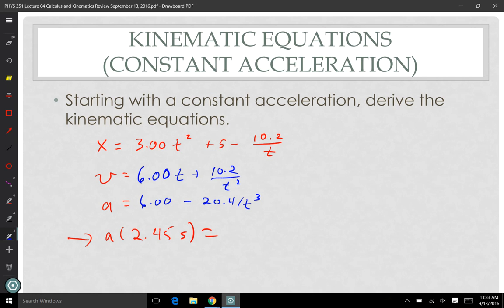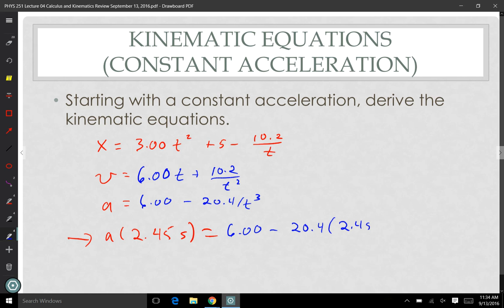And then finally, we just had to find the acceleration at this time. So we put in our number. Don't forget to put divided by or you get a completely different answer.